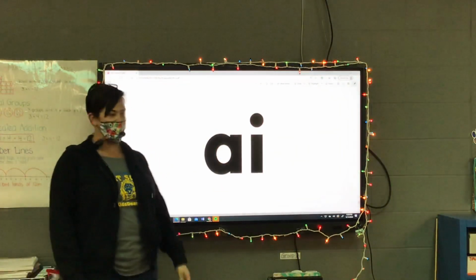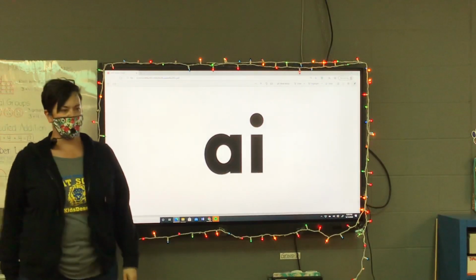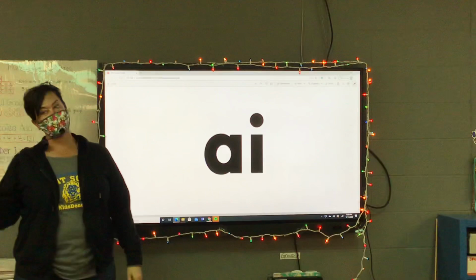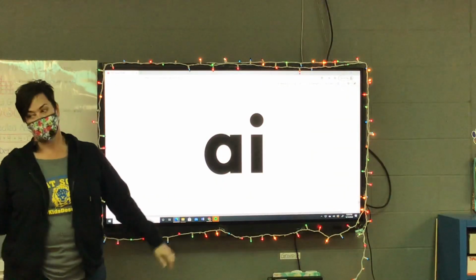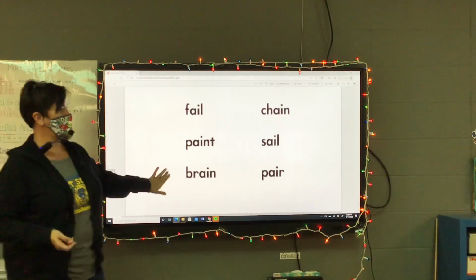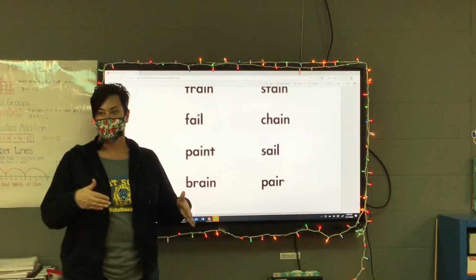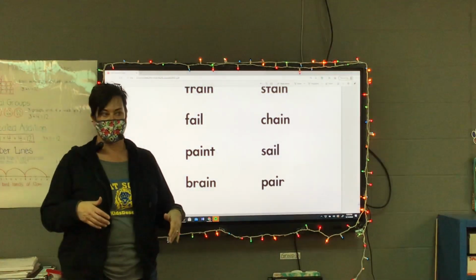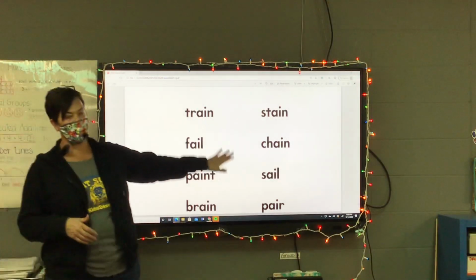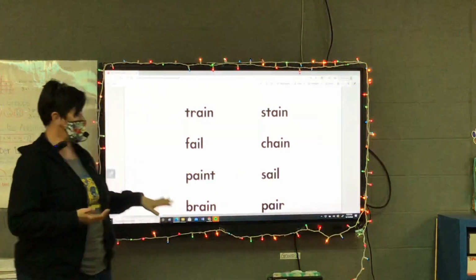A. Where do you think it's located? In the middle of a word. Sometimes it could be at the beginning though. Okay? So think about the word aim. Frame. Okay? So aim, mostly in the middle of words.